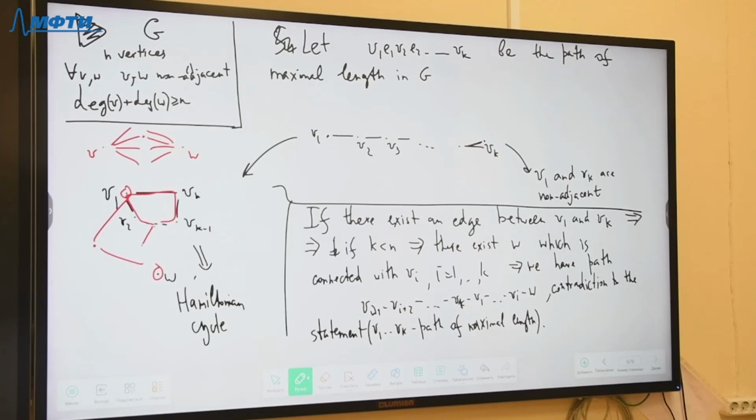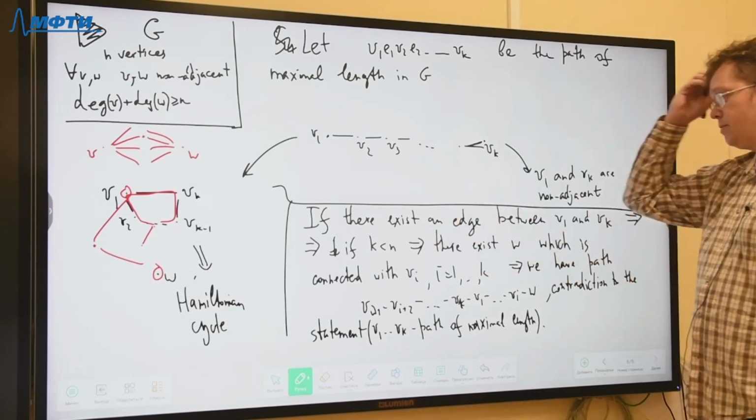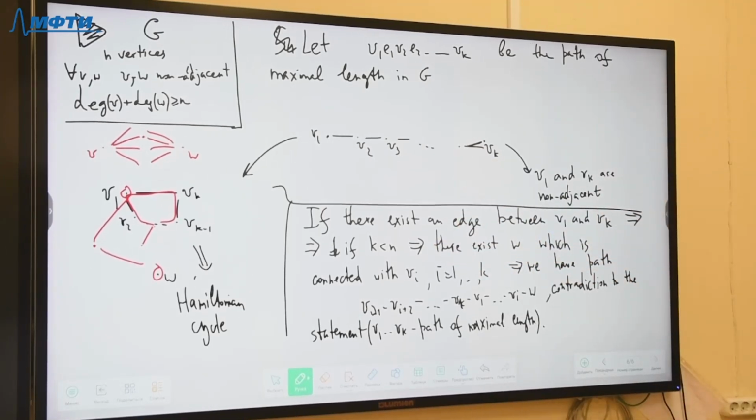So if k is less than n, then there is a W which is connected with Vi, because our graph is connected.